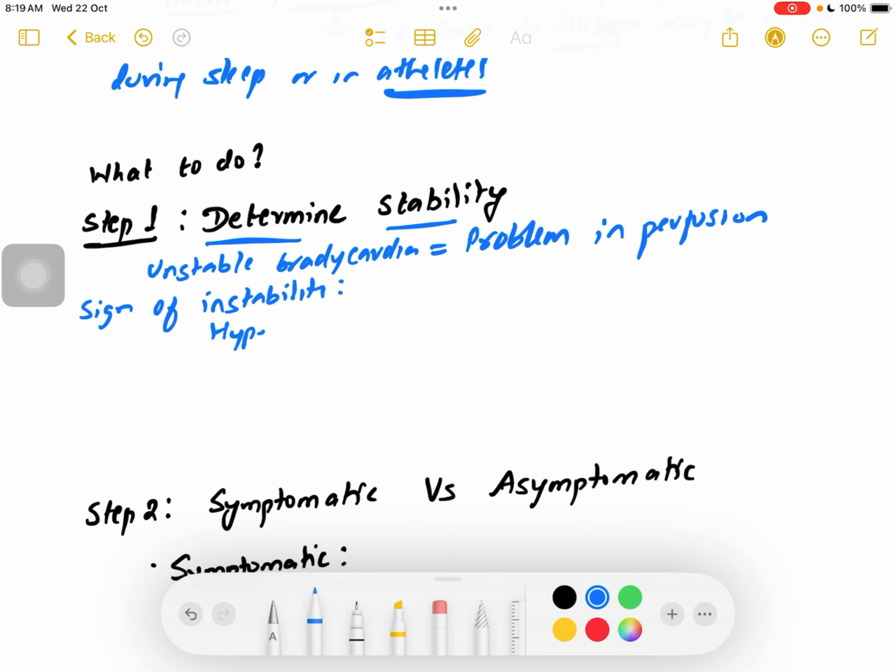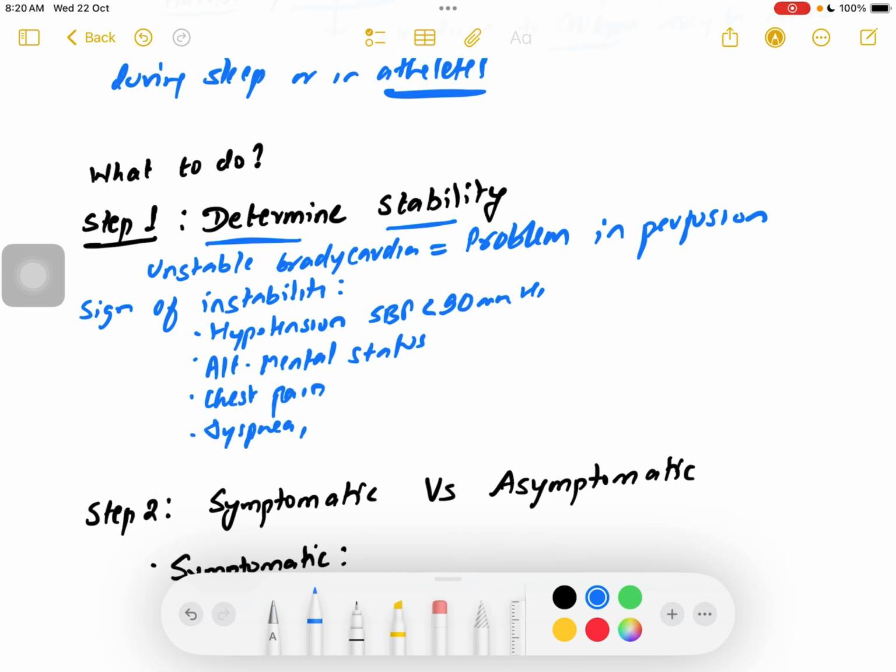If there is hypotension, systolic blood pressure of less than 90 mmHg, altered mental status, chest pain, dyspnea, signs of pulmonary edema, or syncope or pre-syncope.